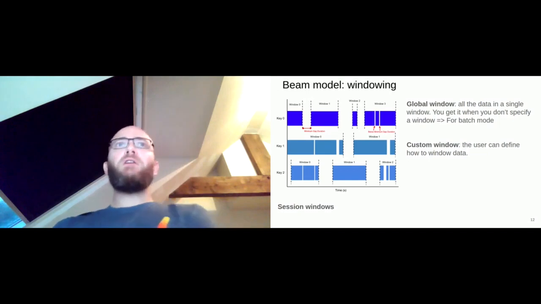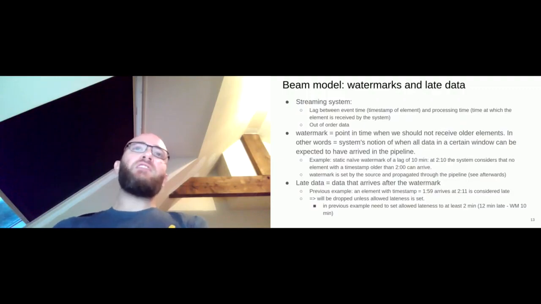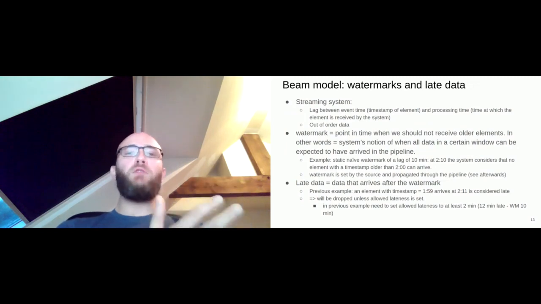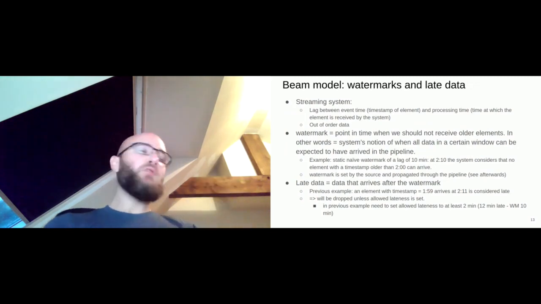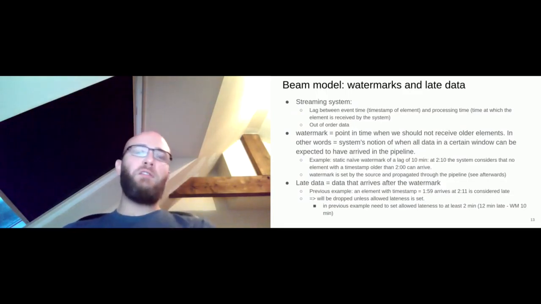Another very, very important concept of Beam is watermarks. We will deal with that later on, but I need to say that for all the streaming systems, we always have problems like lag between the event timestamp, the time at which the element occurred, and the processing time, which is the time at which the element was processed by the system.